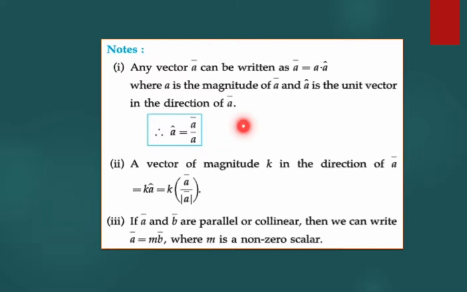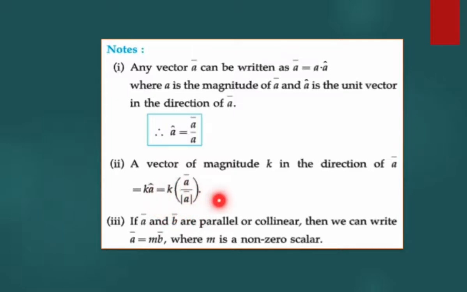So from that we can find the unit vector a cap equals a bar upon the magnitude of that vector. Second, a vector of magnitude k in the direction of a bar equals k into the unit vector a cap. So we substitute the value of the unit vector a cap, that is a bar upon the magnitude of a.